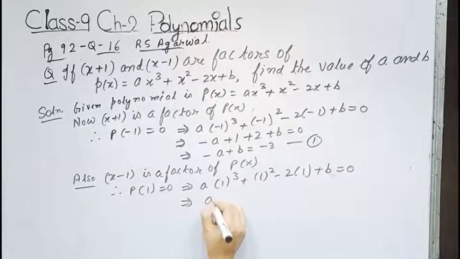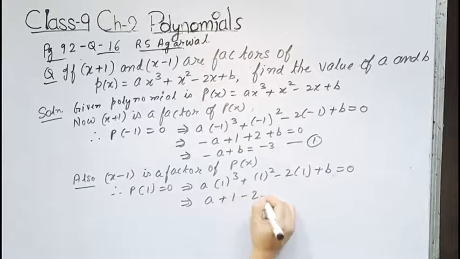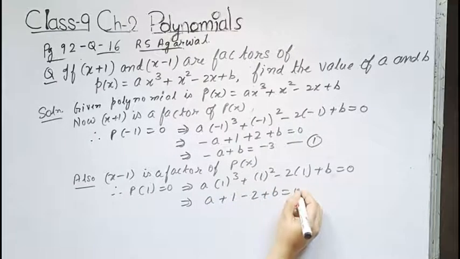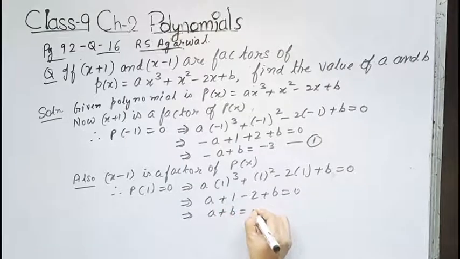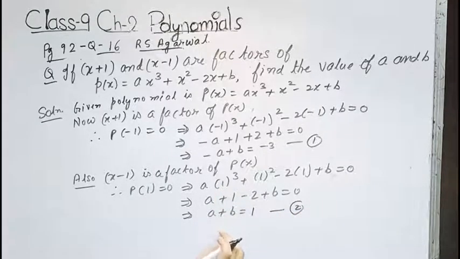This implies a plus 1 minus 2 plus b equals 0. This implies a plus b equals 1, since 1 minus 2 is minus 1, which will go to this side and become 1. Now we will solve equations 1 and 2.